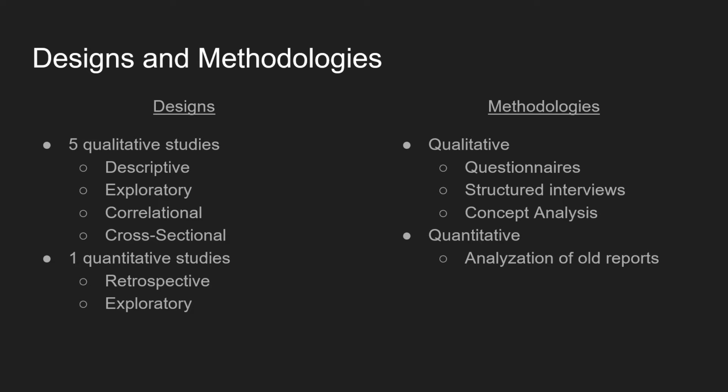The methodology of these qualitative articles included questionnaires, structured interviews, and in-depth concept analyses. The quantitative study that I used was a retrospective exploratory study. It was completed by analyzing old reports of child abuse and studying the ways that the cases were handled, as well as the age and gender of the victims and the suspects in these cases.